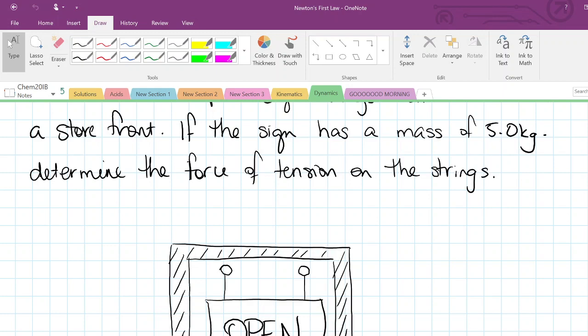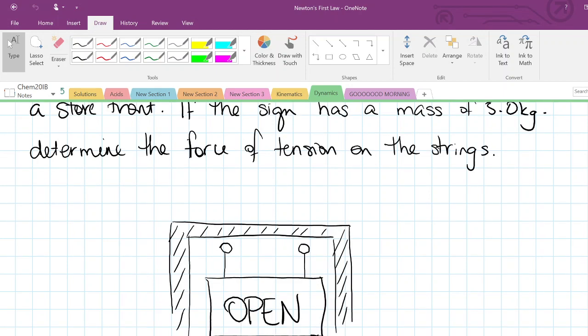So there are some very real life applications for calculating a tension force. In this case, we have our open sign with gravity pulling down on it, and the strings are going to undergo a tensile force because the sign is weighing the strings down.